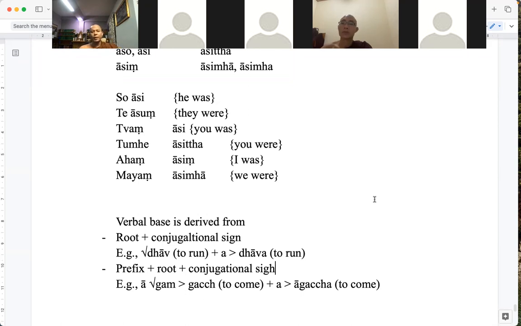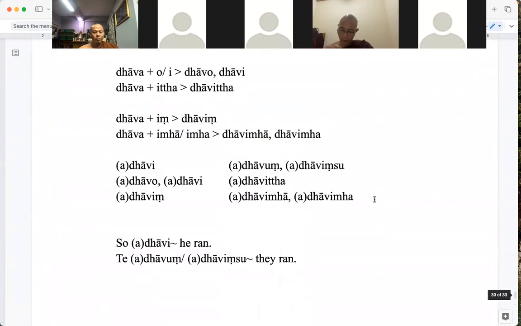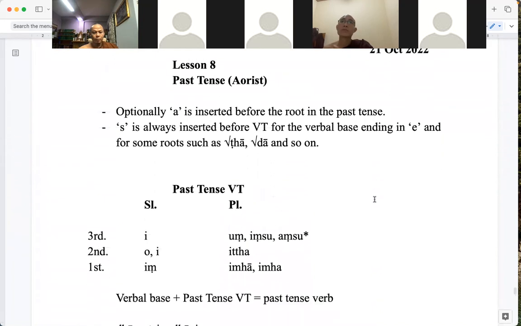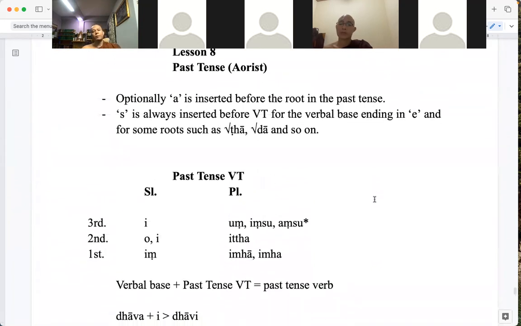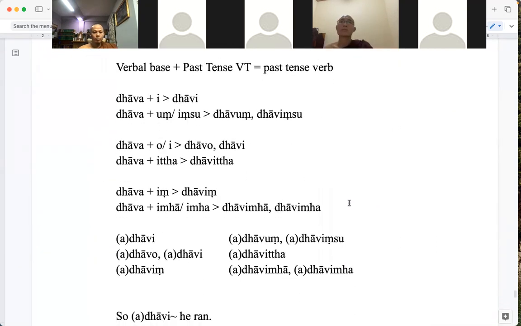Bante? Yes. Bante, just now you mentioned a characteristic of the simple past tense: optionally, ā is inserted before the root. For example, with the dhāva base, we have the third person singular.